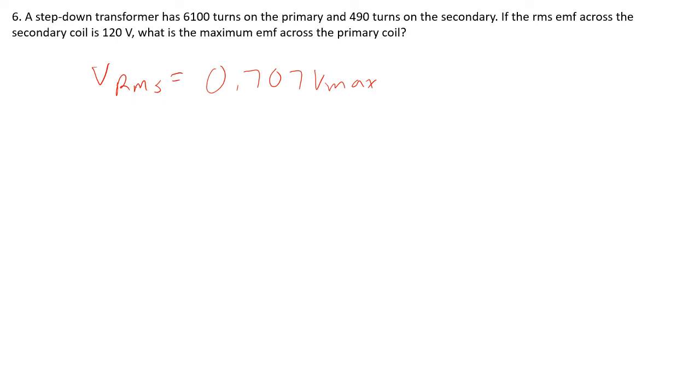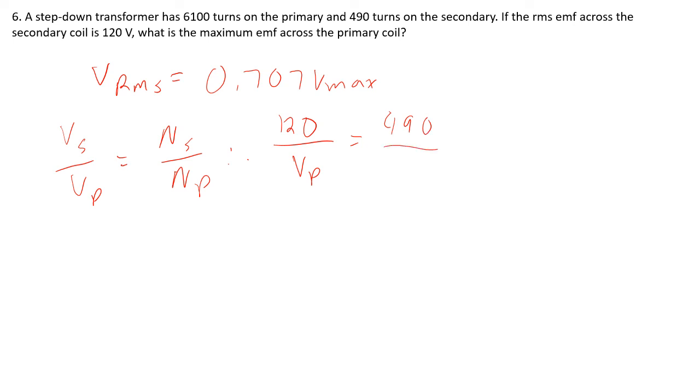So we start with voltage in the secondary over voltage in the primary equals number of turns in the secondary over number of turns in the primary. Our voltage on the secondary is 120 over voltage on the primary, which is what we're looking for, equals 490 over the number of turns in the primary, which is 1,600.